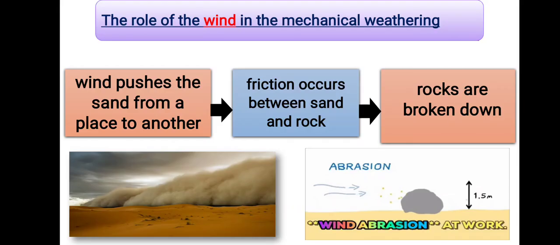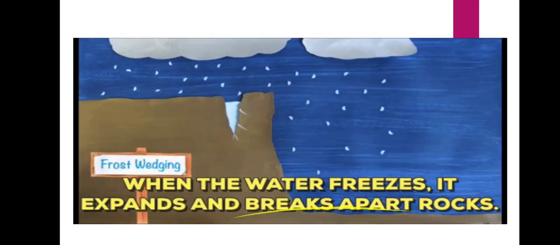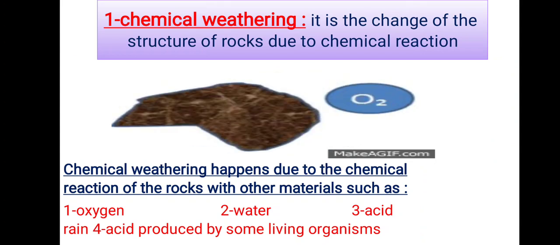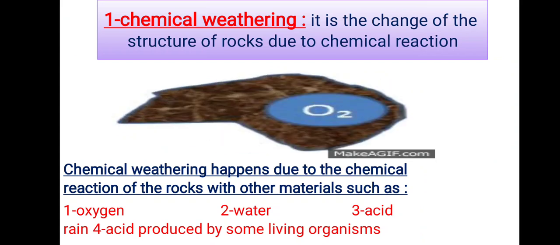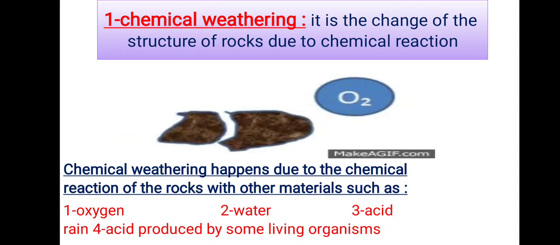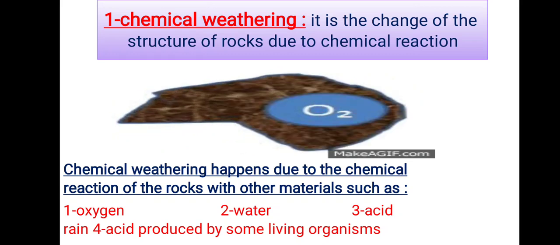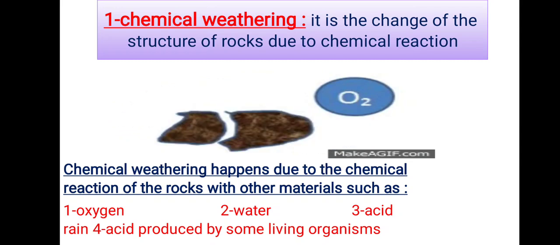But in the chemical weathering, there is a chemical reaction, and the structure of the rock will be changed because there is a chemical reaction between the rock and another substance like oxygen from the air, like water, like acid rain, like the lichen. So we have two types of weathering: mechanical and chemical. In the mechanical, the structure of the rock doesn't change, but in the chemical weathering, the structure of the rock changes because there is a chemical reaction between the rock and another substance.